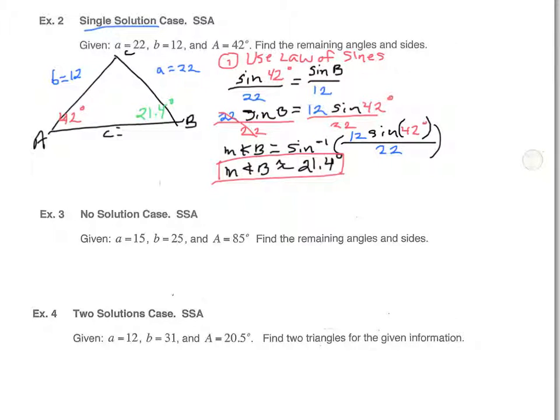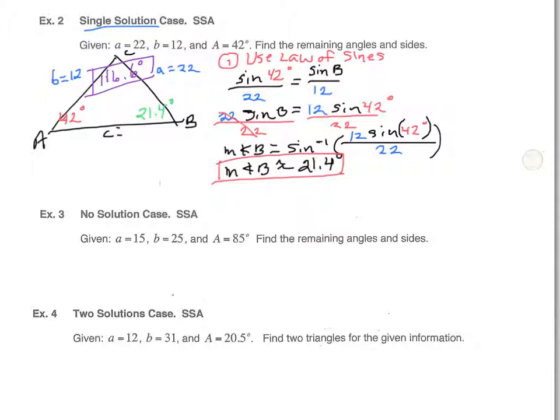So I take 180, subtract 42 and subtract 21.4, and I get 116.6 degrees. So obviously I've drawn my triangle incorrectly. Shouldn't this be an obtuse triangle? Which is fine. Don't let that bother you if you drew your triangle incorrectly. How are we to know, right?